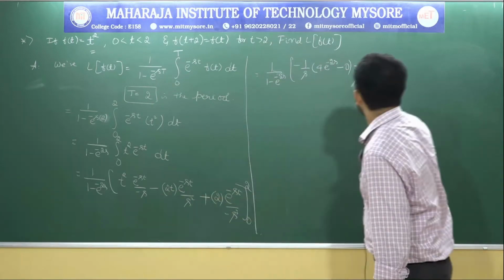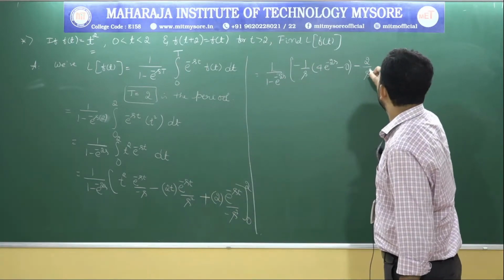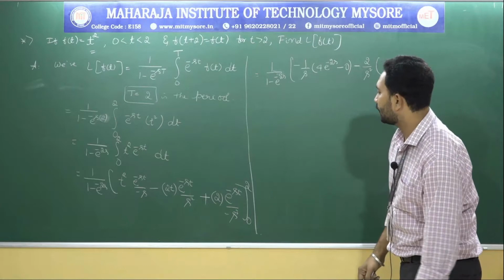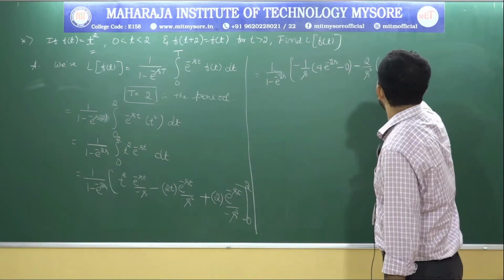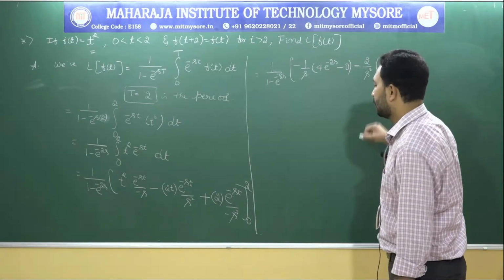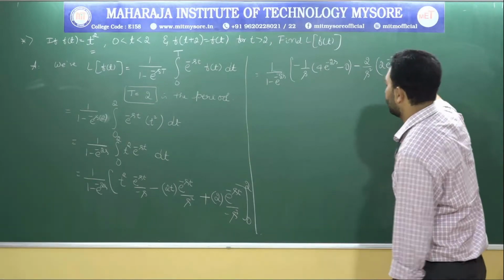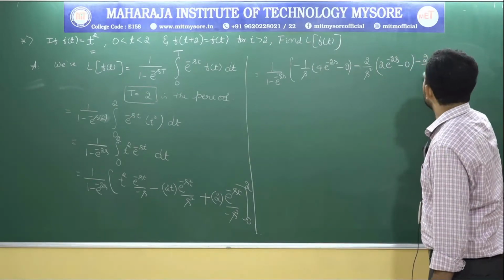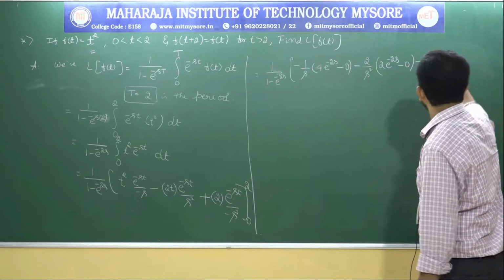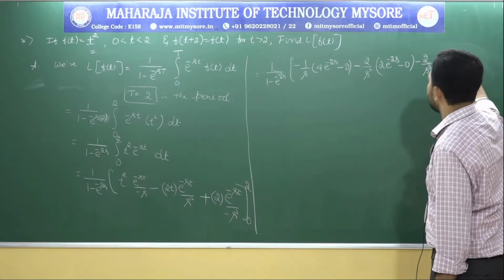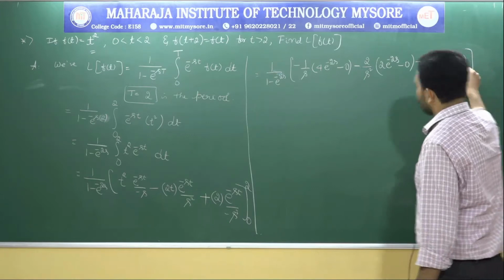Next, take 2 by s square, 2 by s square into upper limit 2 into e power minus 2s, minus lower limit is 0, again minus 2 by s cube into upper limit e power minus 2s minus lower limit e power 0 is 1.